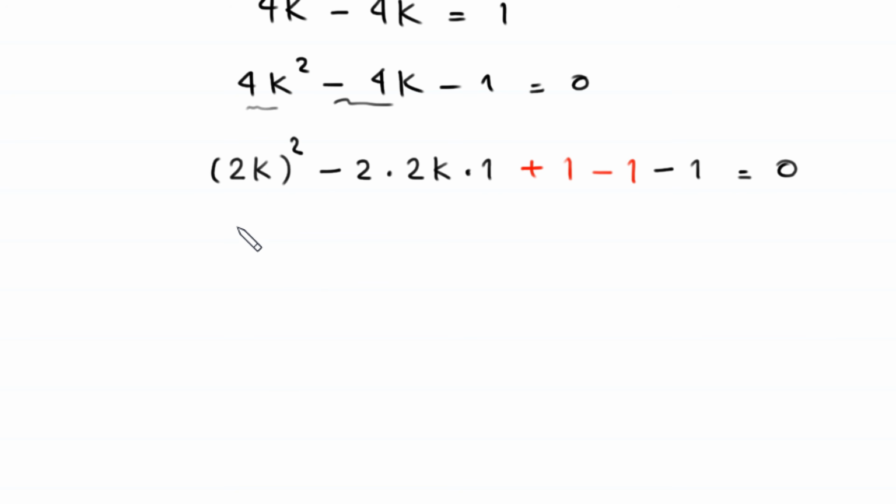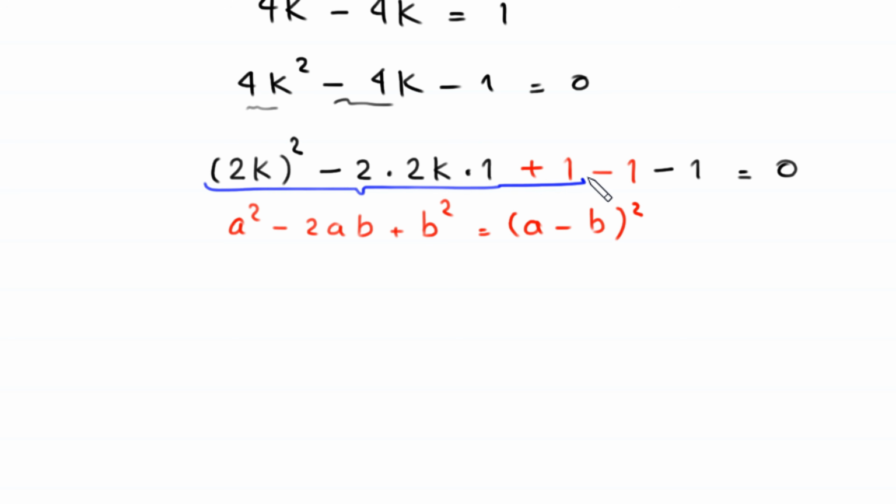By using this algebraic identity, a squared minus 2ab plus b squared is equal to a minus b whole squared, this expression 2k squared minus 2 times 2k times 1 plus 1 will become 2k minus 1 whole squared, and this negative 1 minus 1 will become negative 2 equal to 0.